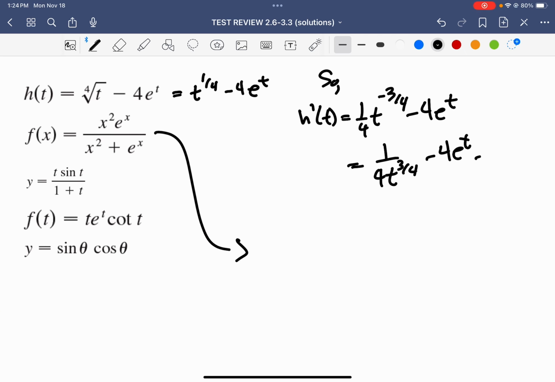For this one, the derivative, well, first I'm going to say, look, the form of this function is stuff divided by stuff.